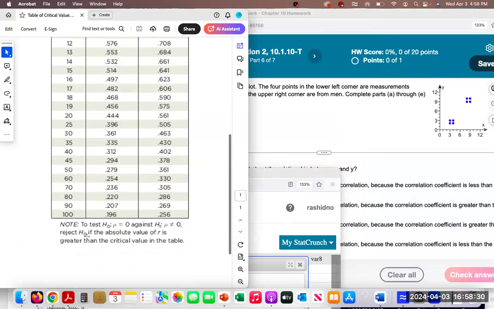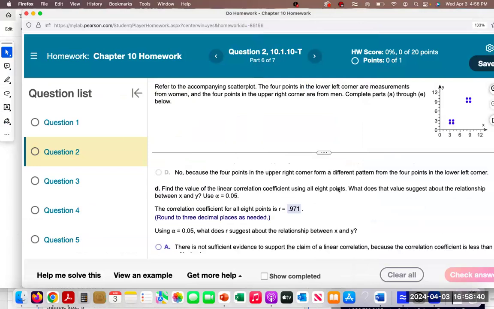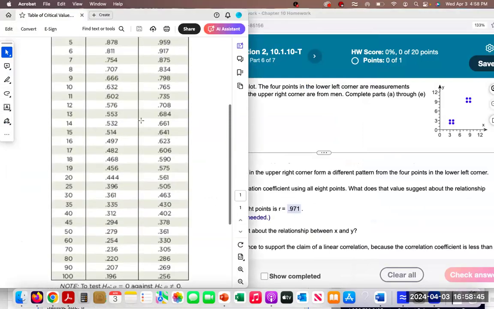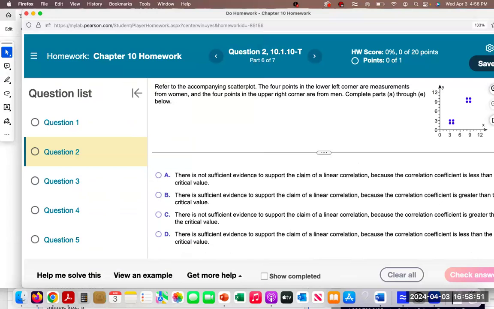You're going to reject the null if the absolute value of R is greater than the critical value. Here R is 0.971, which is greater than the critical value 0.707. So that means you're going to reject the null and go with the alternate.